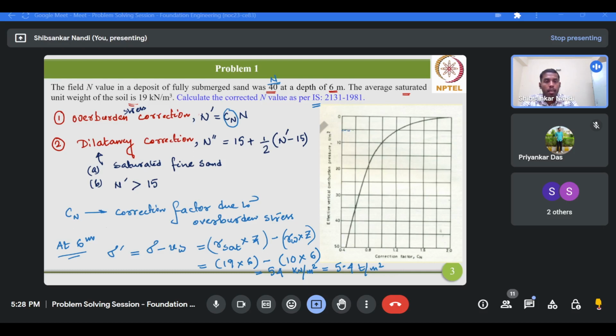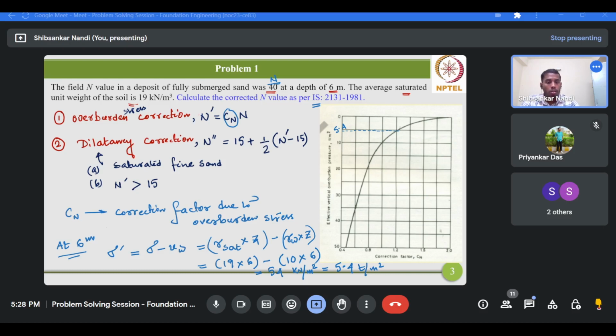I am basically drawing a horizontal line marking the effective vertical overburden pressure as 5.4. Sorry, my drawing is still not too good.